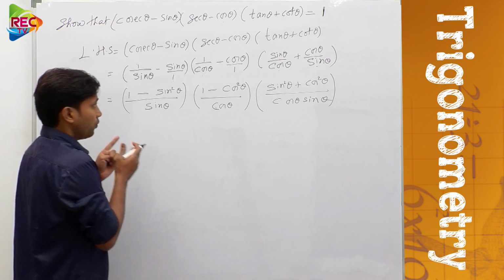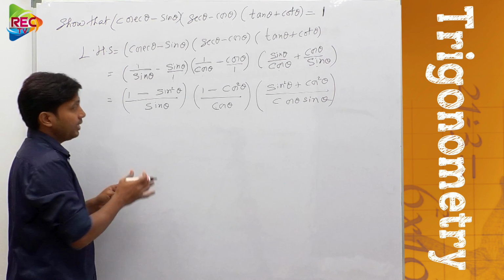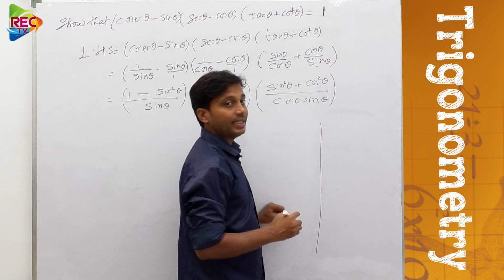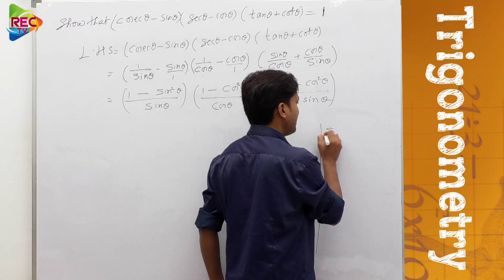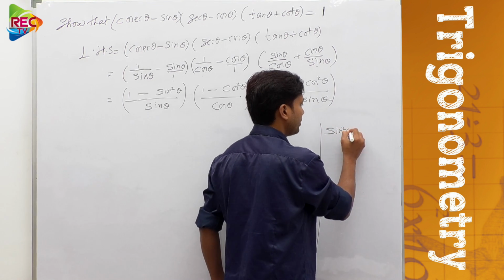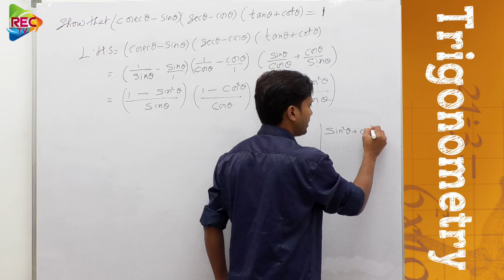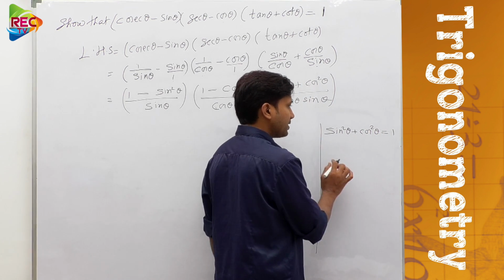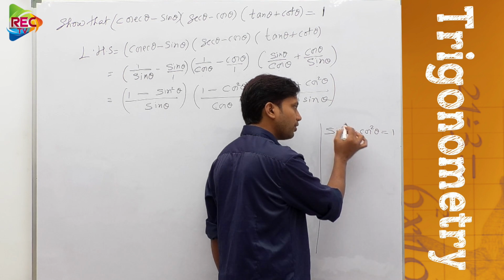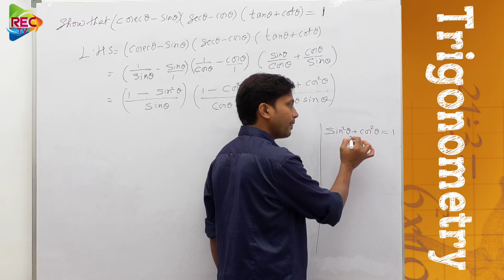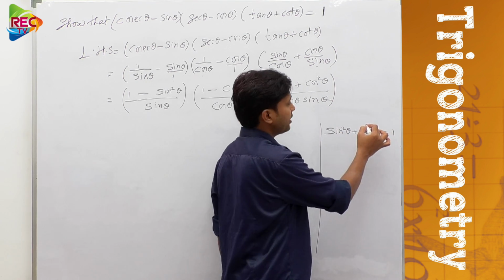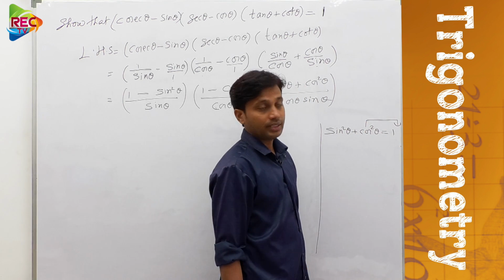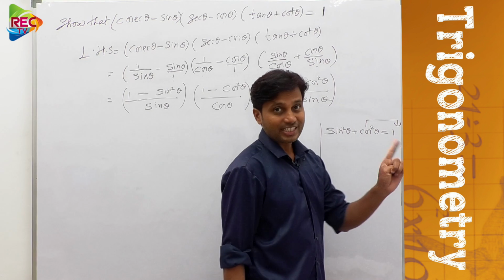Now for further solution, let us consider the first identity of trigonometry: sin square theta plus cos square theta equals 1. If you want the value of sin square theta in terms of cos square theta, send cos square theta to the other side and its sign changes.